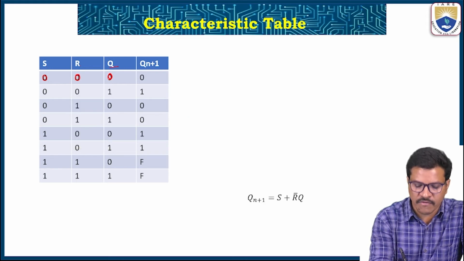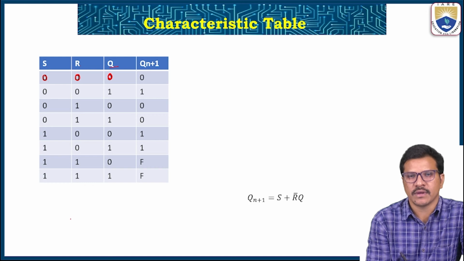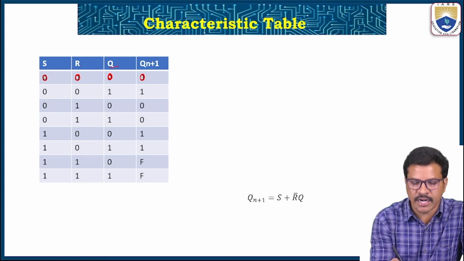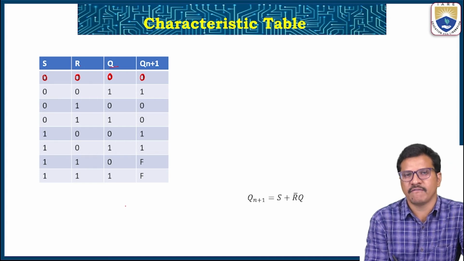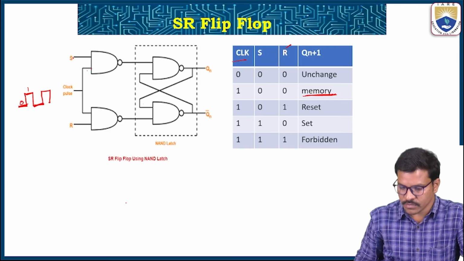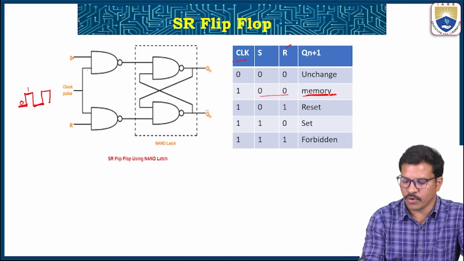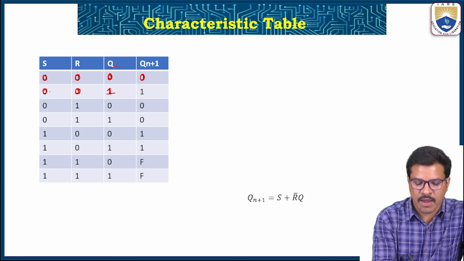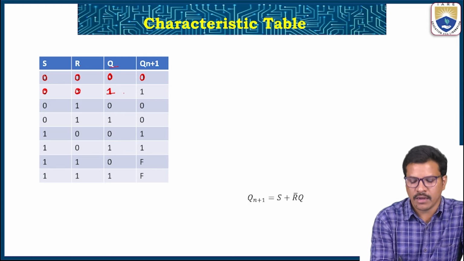After applying S 0, R 0, you will get the same 0, because under the 0 0 condition, the SR NAND flip flop is unchanged, memory. Suppose the present state is 1 and I apply 0 0, again the next state is also 1.